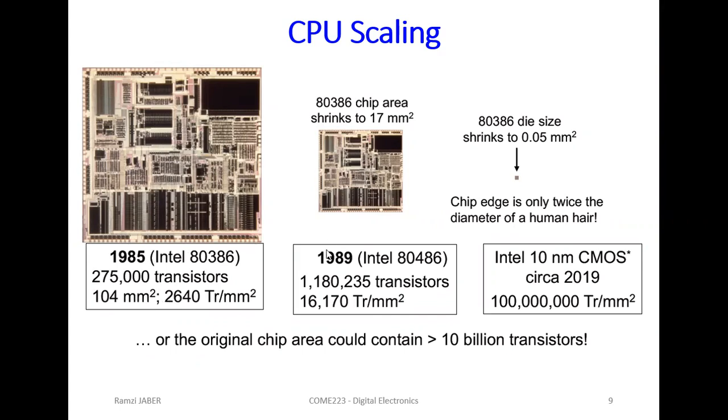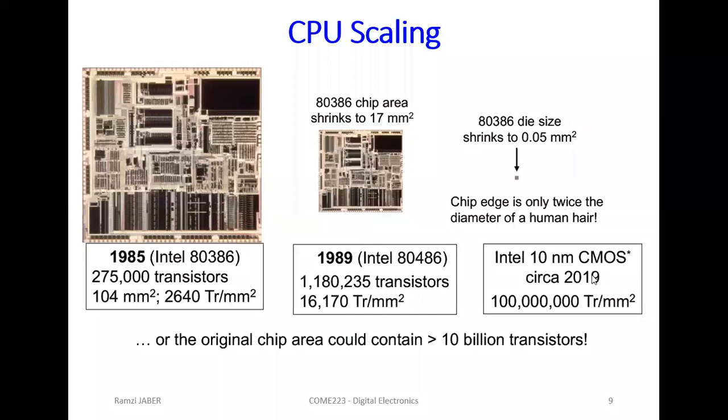After 4 years, only 4 years, imagine that, it becomes 1 million transistors in 17 millimeter square. So in 17 millimeter square, they put 1,000,000.1 transistors. Before 4 years, in 104 millimeter square, they put 275,000 transistors. Imagine that.